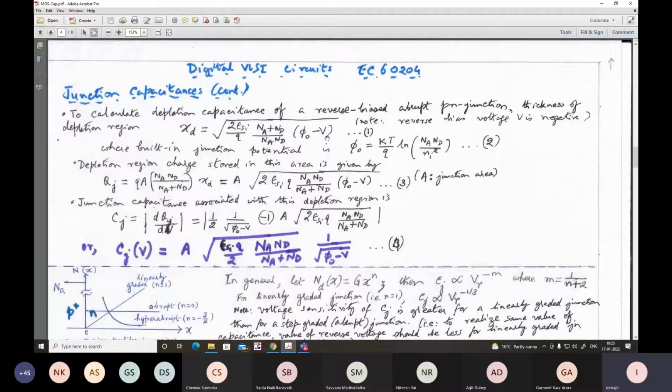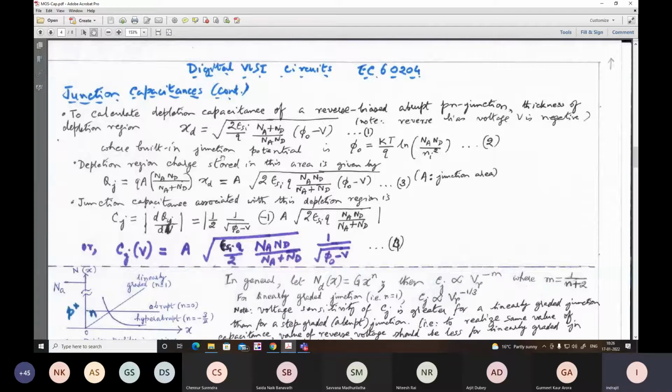Normally, phi 0 will be lower than 1, as we shall find in the typical numerical calculation. And V can range from some value comparable to phi 0 to much higher values. So obviously, if we write phi 0 minus V, then the overall term becomes positive, as V is normally much higher compared to the phi 0 value.